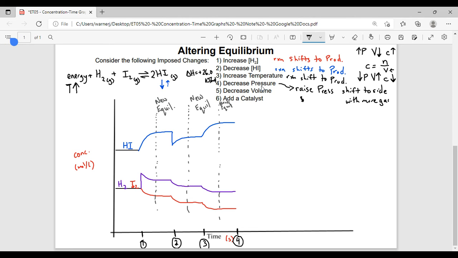I've kind of gotten off topic, but what you'll see is that because of this change of volume and pressure relation, we might see initial changes to concentration right off the hop for any gases. So if we decrease the pressure by increasing the volume, that's going to cause all concentrations to drop.